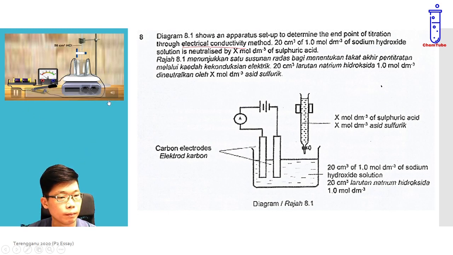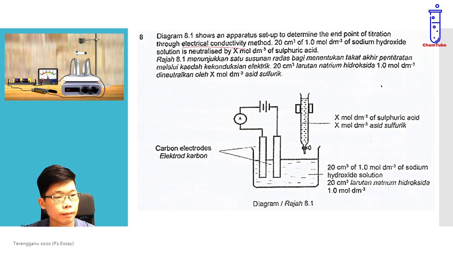Put 50 cubic centimeters of sodium hydroxide in the electrolytic cell. Place a beaker of sodium hydroxide on a magnetic stirrer. Dip the carbon rods into sodium hydroxide solution. Close the circuit. Switch on the magnetic stirrer and adjust the acid flow from the burette into the beaker drop by drop.